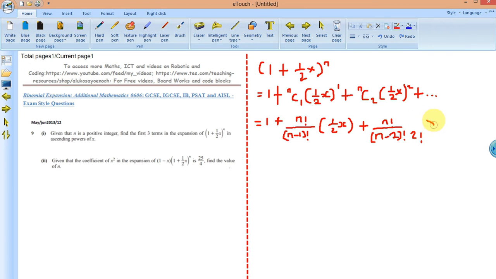Let me just write it like that, half x squared, x squared over 2. If you don't mind, you can put this in brackets, plus, and we can just leave everything like this.